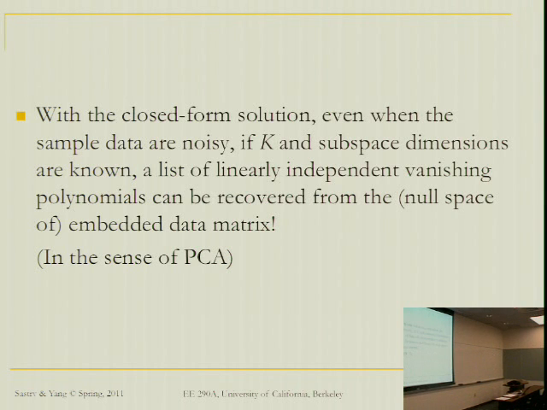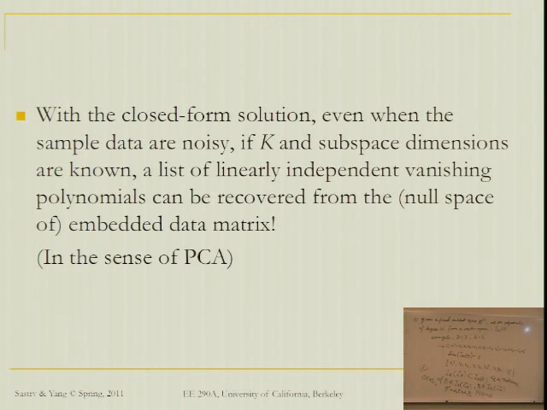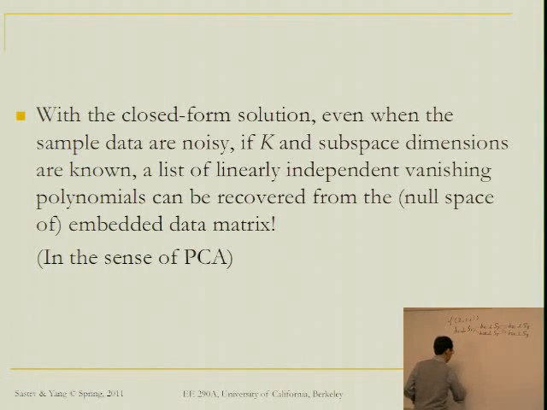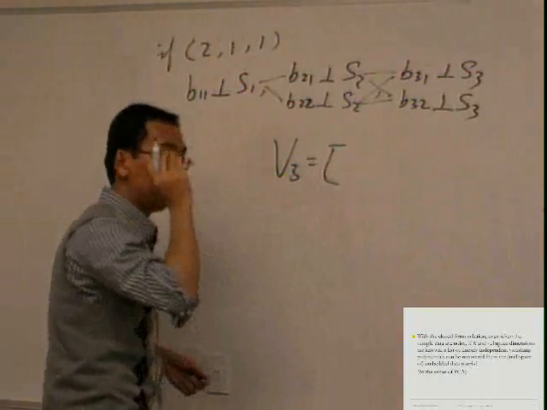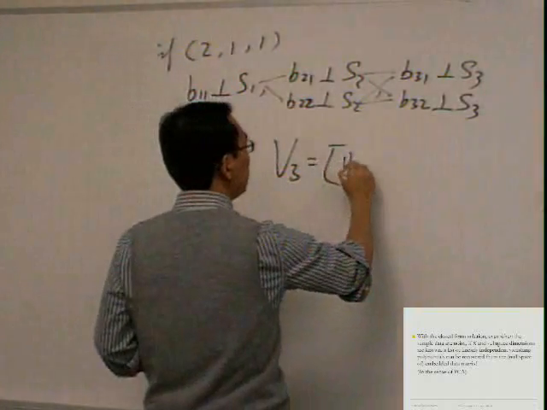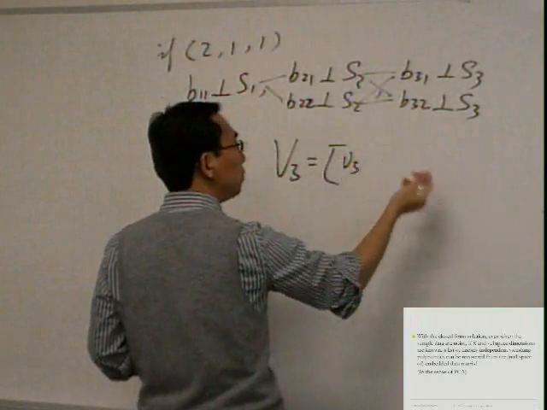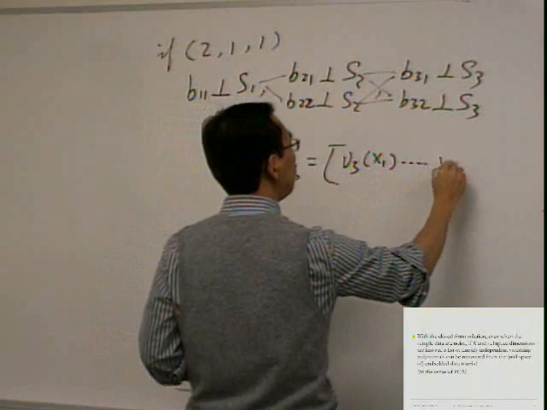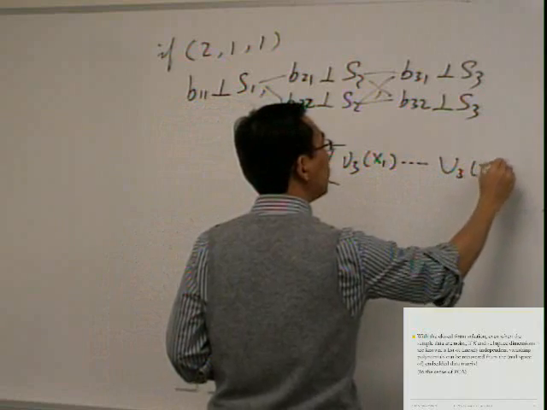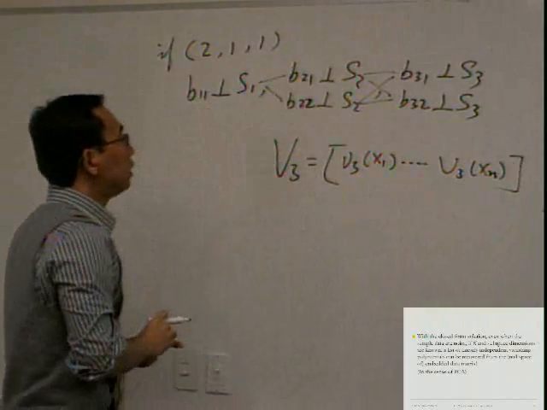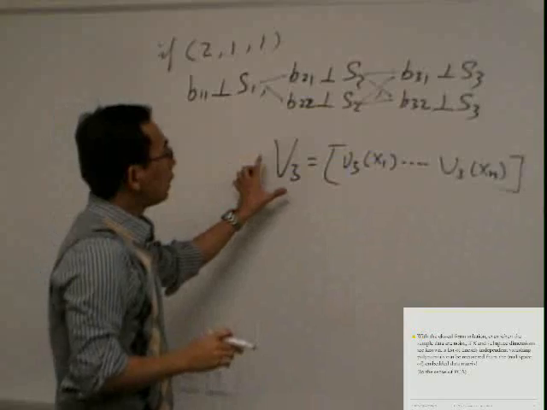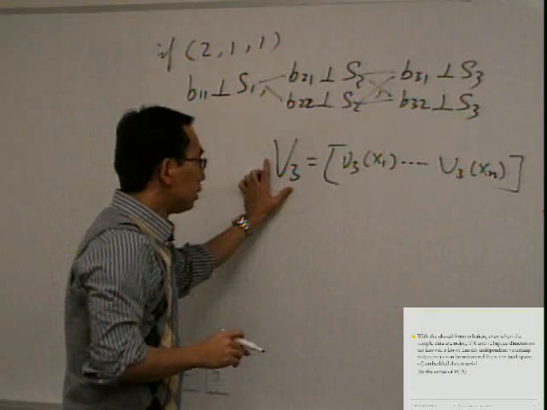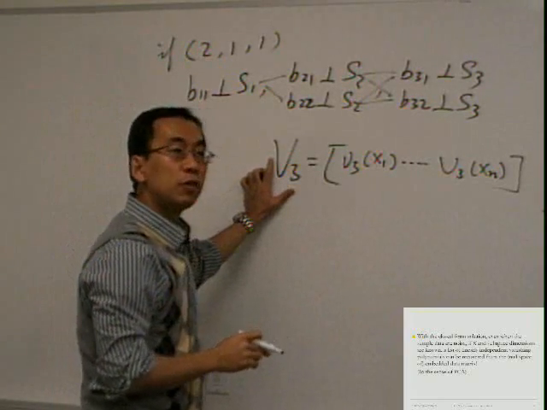What I'm saying is that in the noisy case, let's stick to the example of that table. You raise the order of the Veronese embedding to the third order. You have x1 through xn embedded as V3. Okay. So if this is noisy, this is going to be full rank, right?